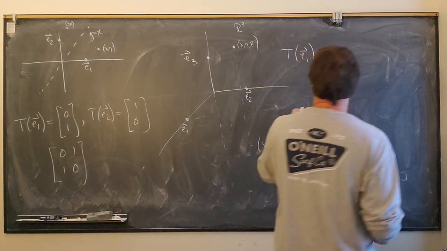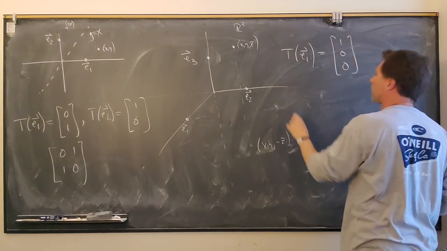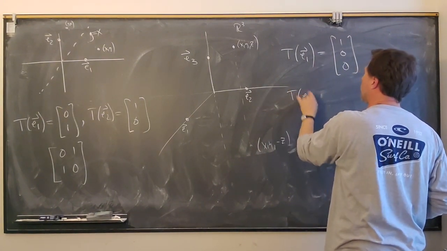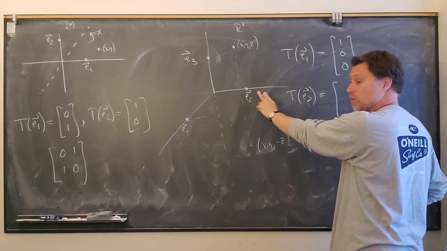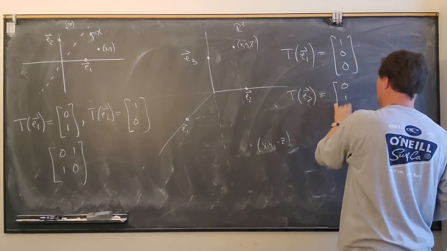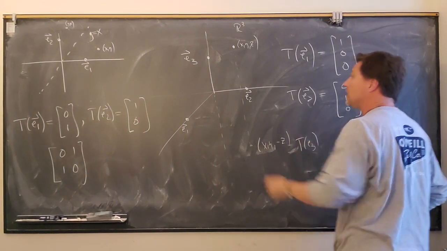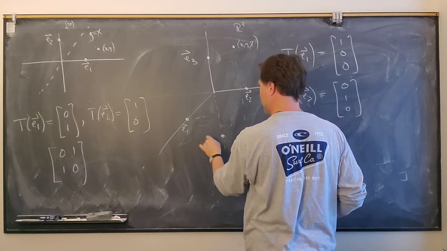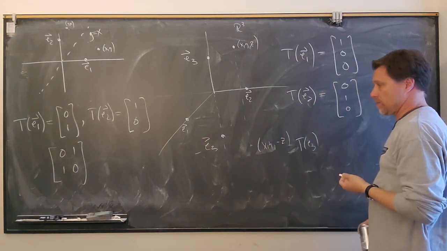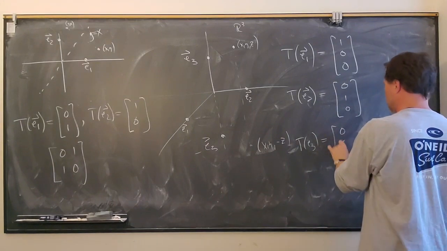It stays put. So T of E1 is 1, 0, 0. T of E2: E2 is also sitting in the XY plane, and so nothing happens to it. And then T of E3 gets sent down to its reflected version, negative E3. And so that will be 0, 0, minus 1.